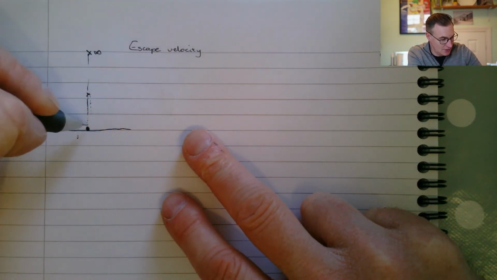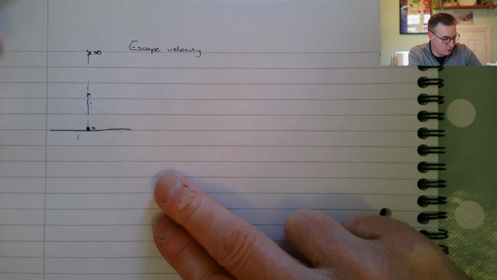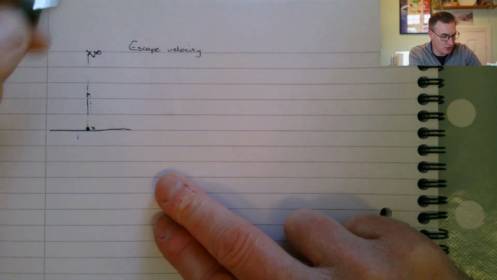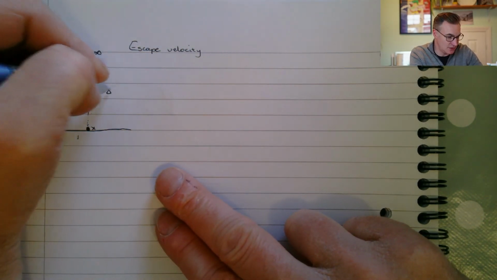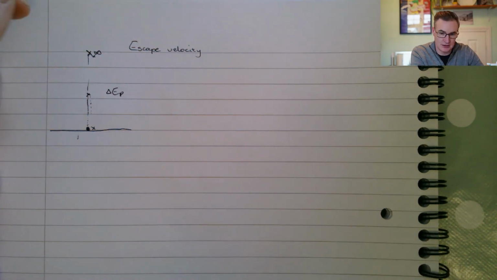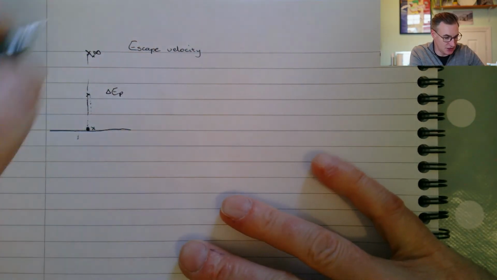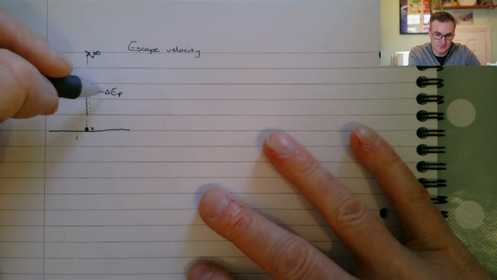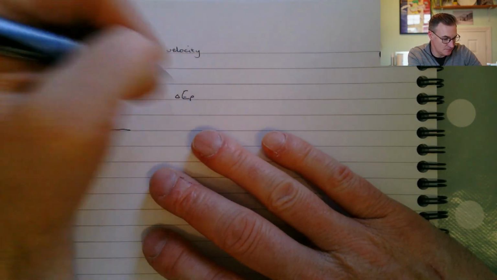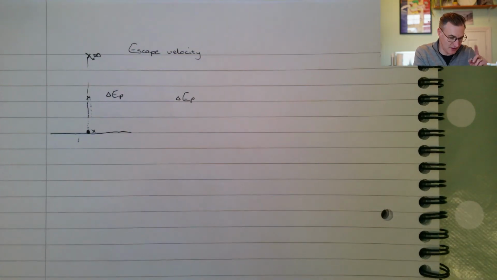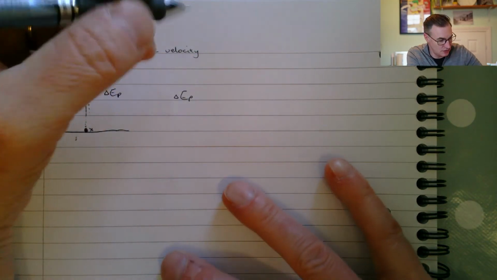And so if it goes from this point here to this point here, the loss of kinetic energy is equal to the gain or the change in EP. Okay, so if we look at what the change in EP is, remember you've got to be able to define this, so this is important, pay attention.